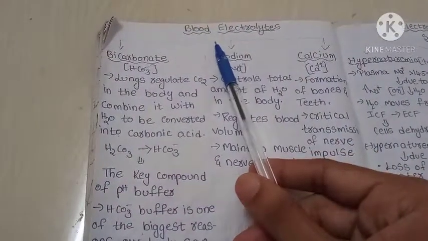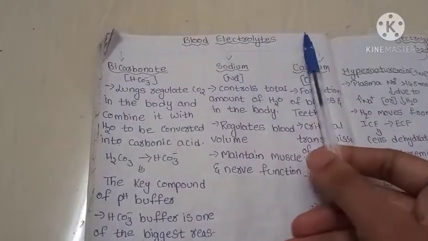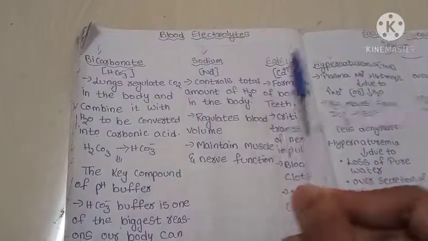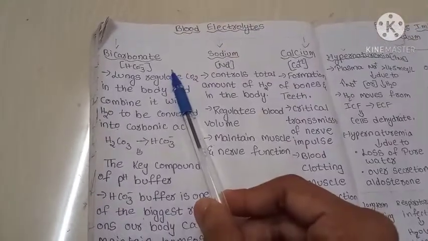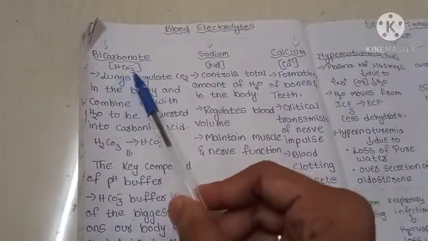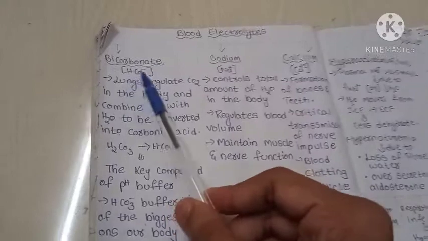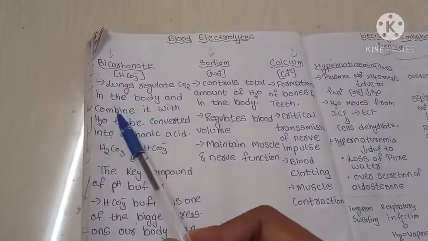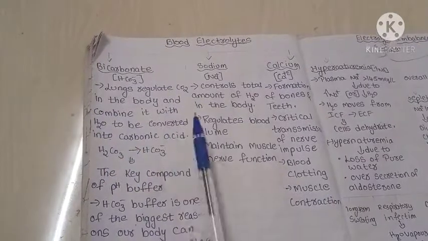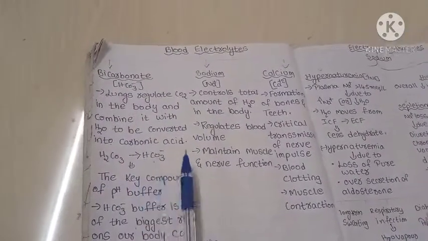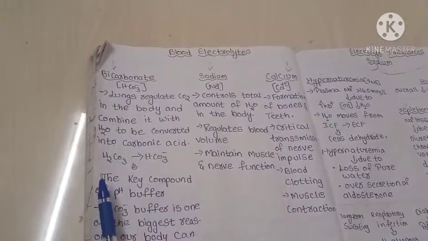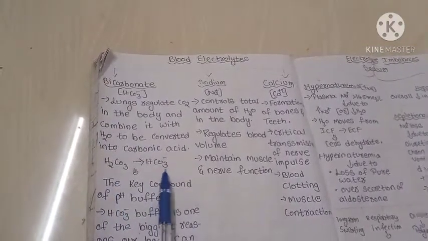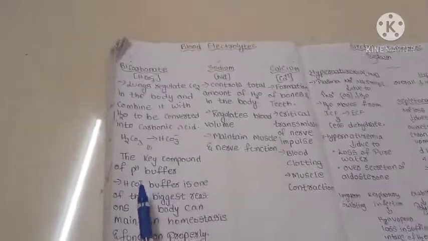Now we will see the blood electrolytes or extracellular electrolytes. They are bicarbonate, sodium and calcium. Bicarbonate is denoted with HCO3, and it regulates the lungs in the body and combines with H2O to convert into carbonic acid, H2CO3, the key compound for pH buffer.